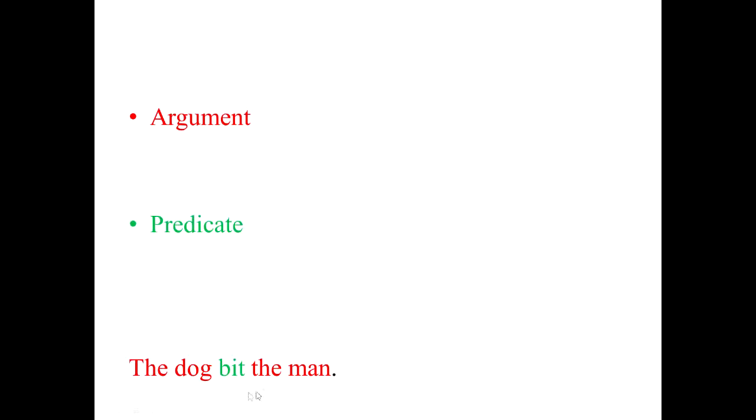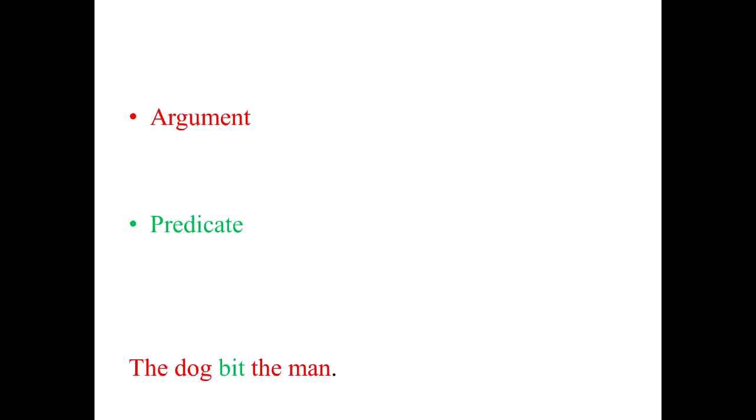So the predicate here states a relation between the subject and the object. That is, the subject bit the object. Of course, predicates can take many forms apart from verbs, including adjectives, or in English also copular verbs, where arguments usually appear in the form of noun or noun phrases, and they could also appear in the form of pronouns.